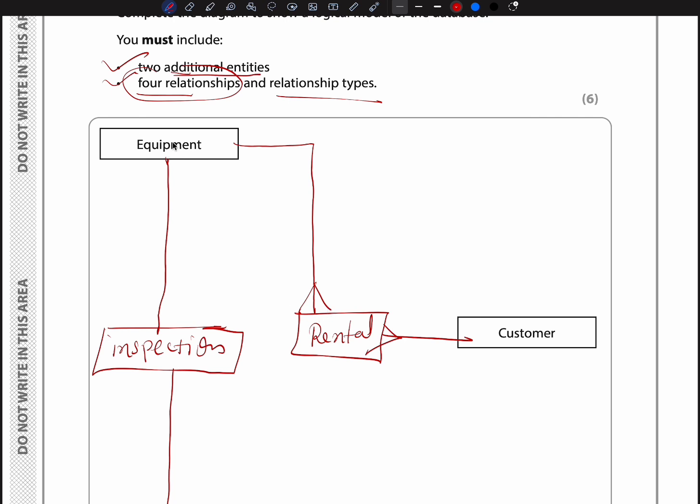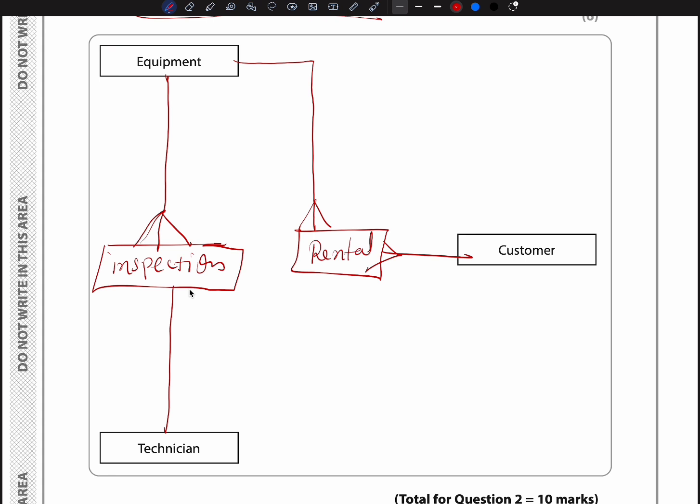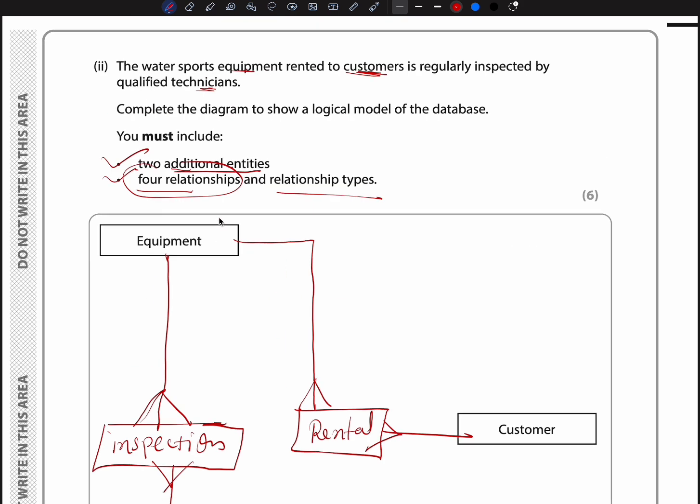And then one equipment can have multiple inspections, because after they rent it to the customer, they need to check, right, whether everything is correct or not. So each equipment is rented multiple times to customers, and after the customer returns it, they need to inspect it. And who is the one who inspects? Technician is responsible for the inspection. So one technician inspects a number of times. So this will be the answer for question number 2.